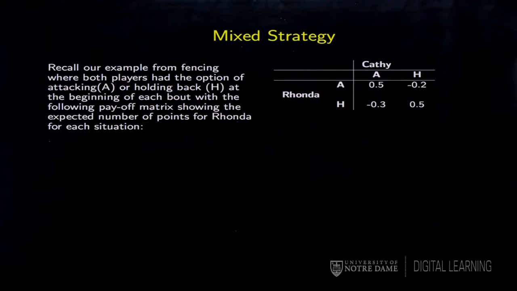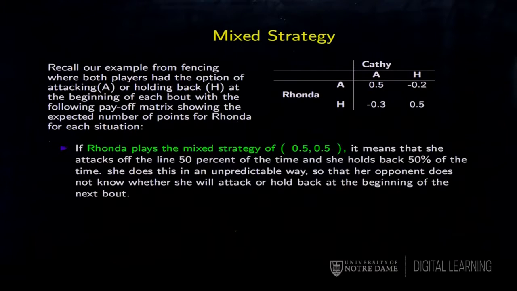Recall our example from fencing, where both players had the option of either attacking, which we call A, or holding back at the beginning of each bout. And we set up a payoff matrix showing the expected number of points for Rhonda, the row player, in each of the 4 possible scenarios.